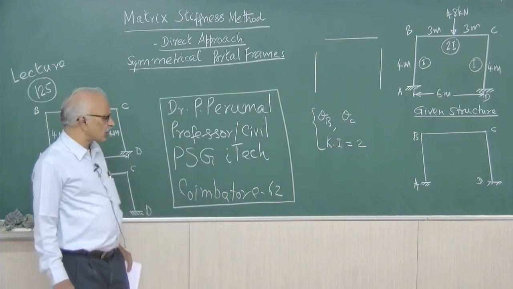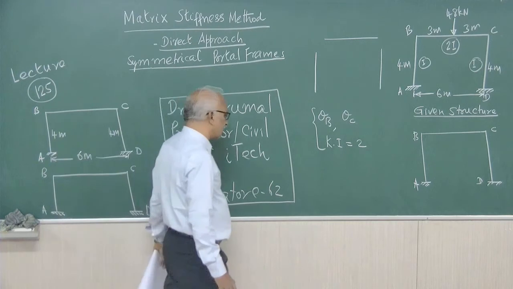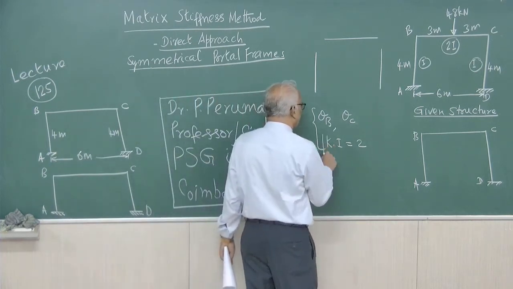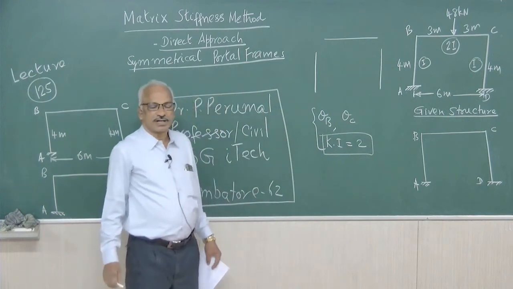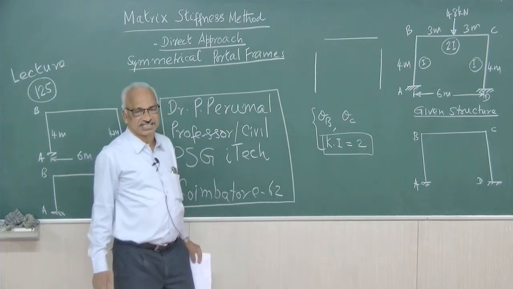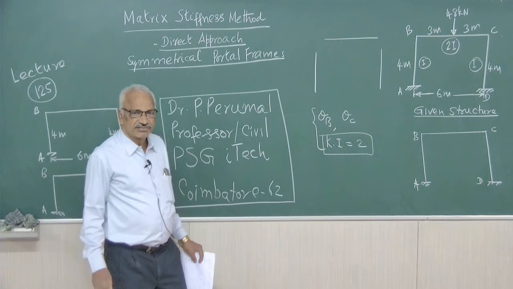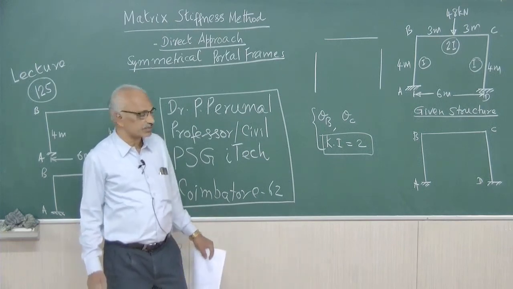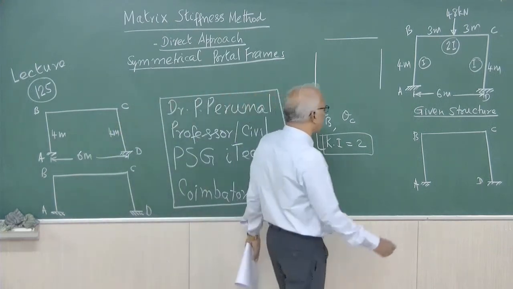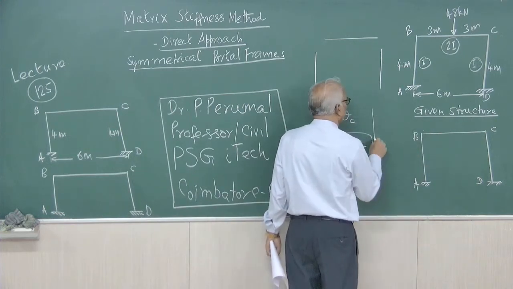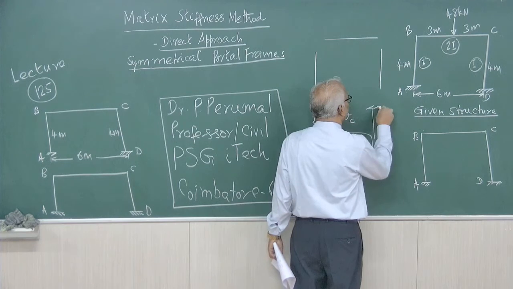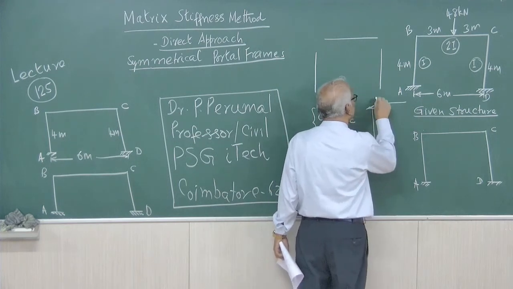So, the first step, as we have done, is determining the kinematic indeterminacy of the structure. Then we have to get the constrained structure, that is, first we have to arrest all the possible displacements. So, here we have to arrest theta B. Theta B means the column we have to fix like this, the beam we have to fix like this.